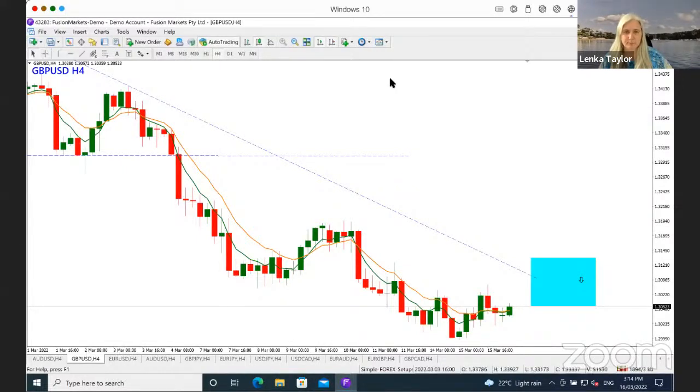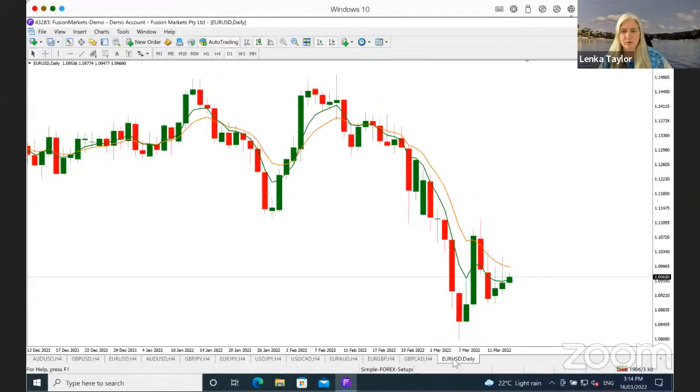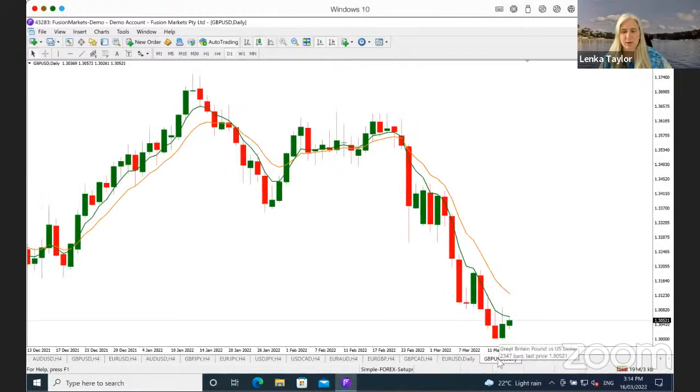So you click on this button here to create the chart and just keep adding them. So you can add all of them, all the ones that you want to watch. Okay, so if you click on it, you can choose Euro USD. It opens a new chart. I can go and open GBP USD, opens a new chart.